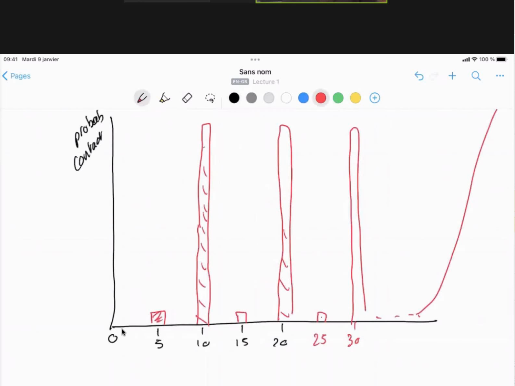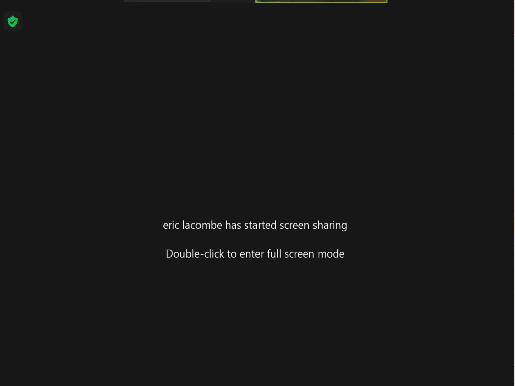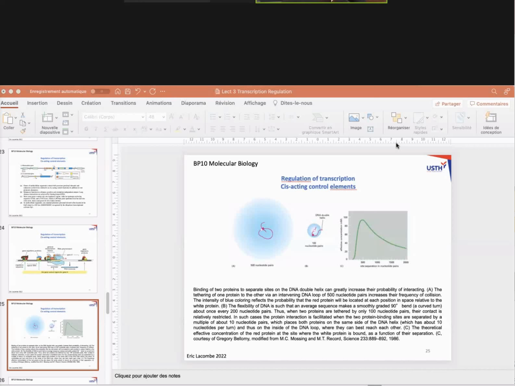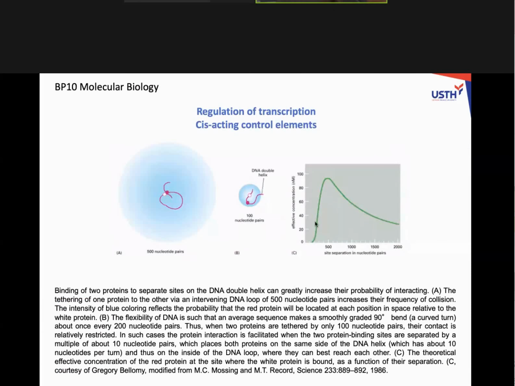So to come back to the graphic, maybe it will be more clear. The graphic was like that. So we are talking about only this graphic. So look, this is 500.